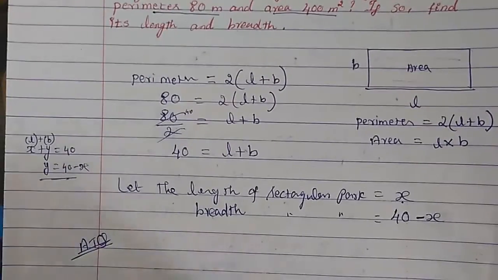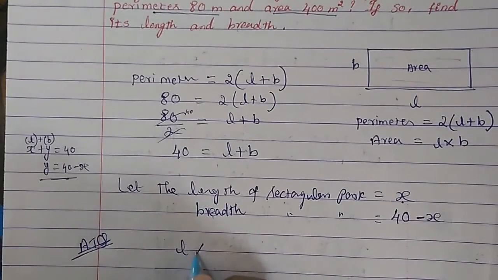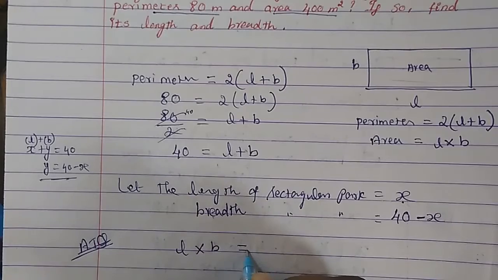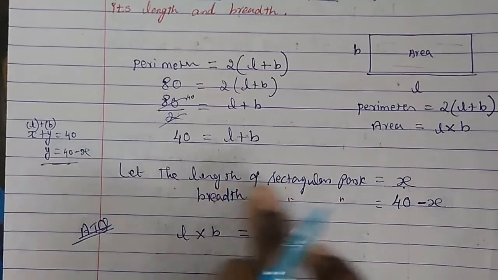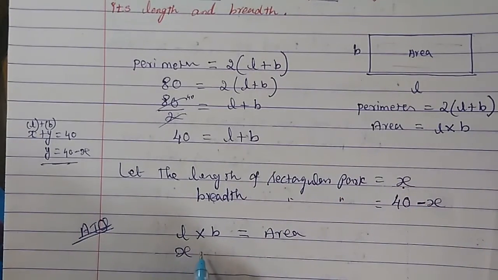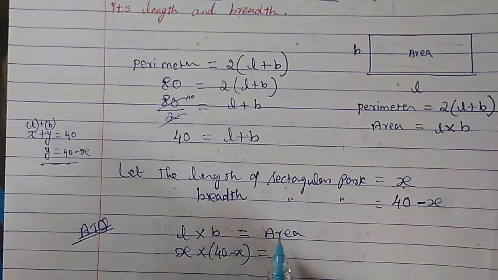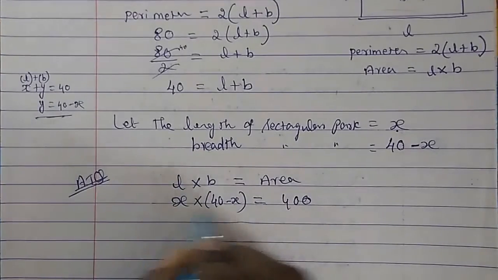So according to the question, area is length into breadth. Length is x, into breadth is 40 minus x. Now area is 400.